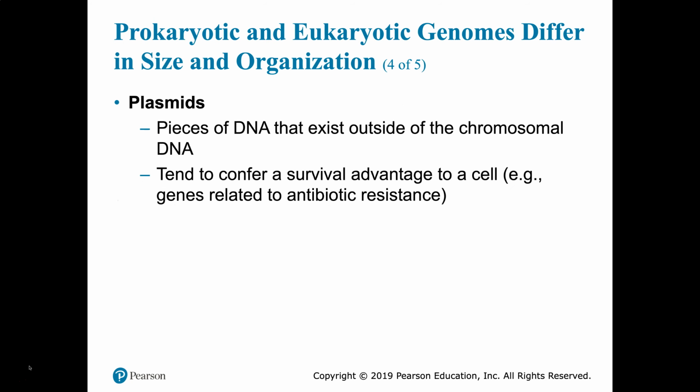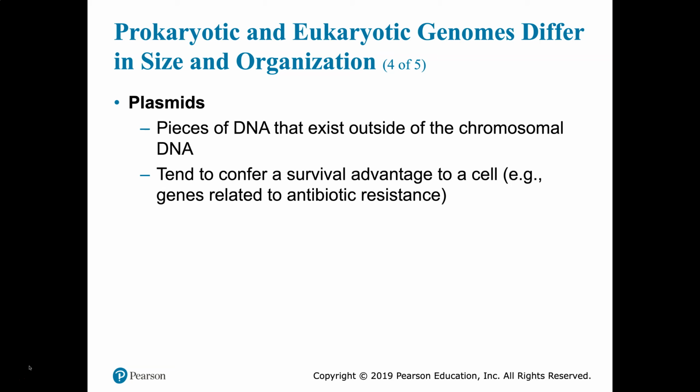So I mentioned that in addition to the single circular chromosome, prokaryotic cells can also have extracellular DNA or extra genetic material called plasmids. These are pieces of DNA that are outside the chromosome, and usually they provide a few genes that are extremely favorable to the cell.